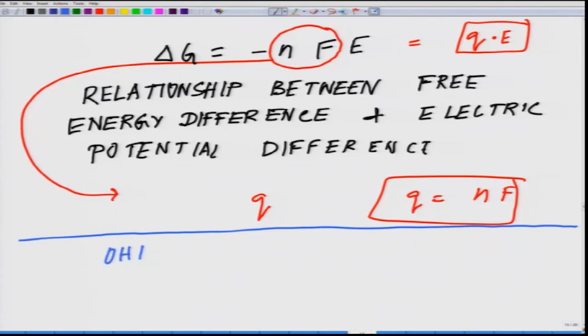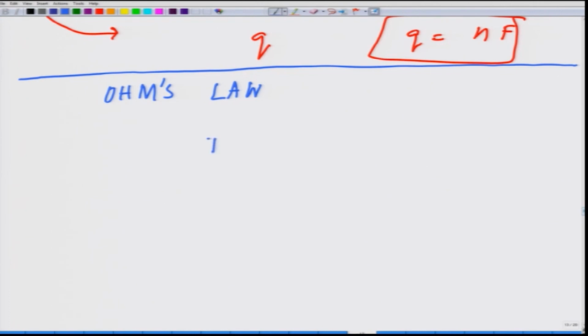Next, we will move on to the most fundamental, which is Ohm's law. Ohm's law states that I is equal to E upon R, or in other words, some people write E as V, which is voltage, or potential difference.